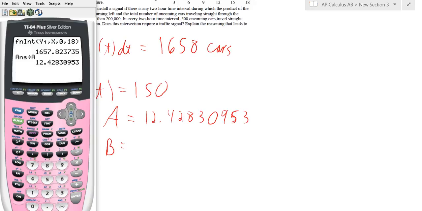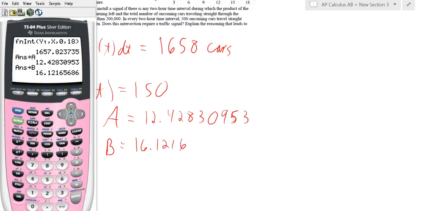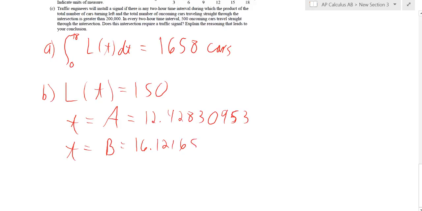So second quit, store alpha B. And then I'm going to write it out. 16.1216 5686. And really, look, if you got 3 places or 6 places, you're going to be far enough out. Okay, but if they give you more, just use them all.